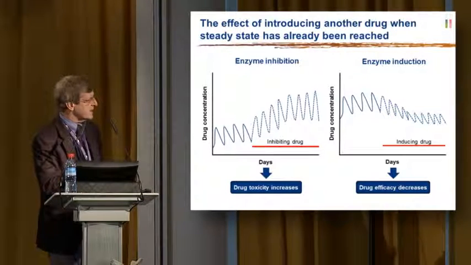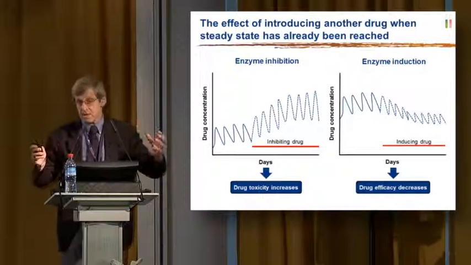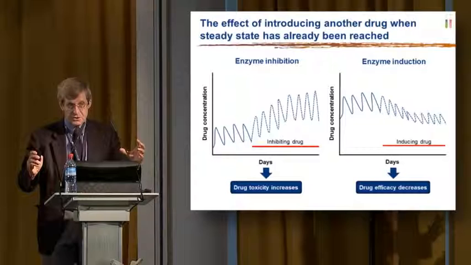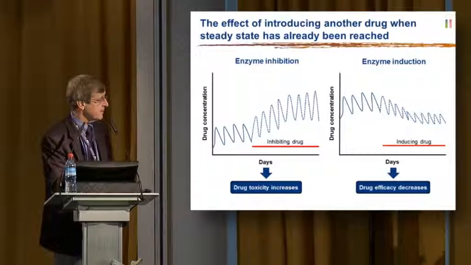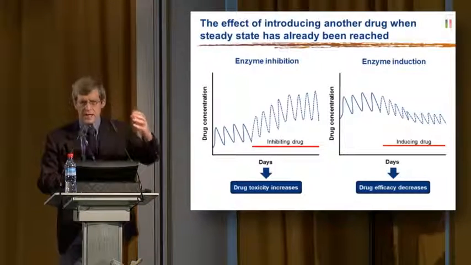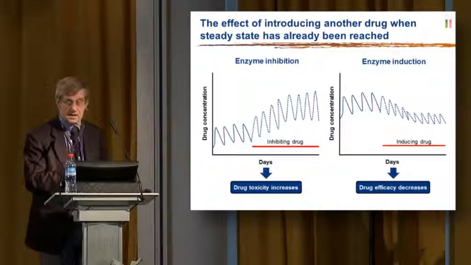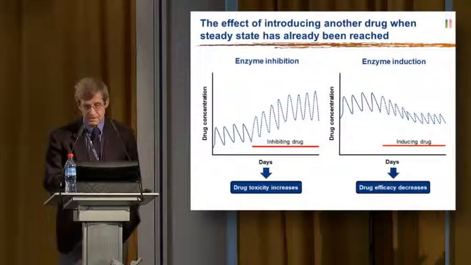That is, we give the dose, the drug is absorbed, and the patient is stabilized because the drug concentration is achieving the effect. Now we introduce a drug which begins to inhibit the way that the drug is being cleared from the body, and the drug concentrations increase, and that can lead to drug toxicity.